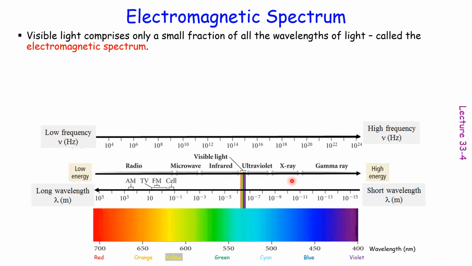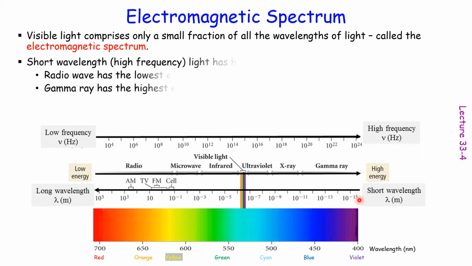Let's take a look at the electromagnetic spectrum. This is the frequency axis, higher frequency on the right-hand side. The second one is the energy axis, and the third one is the wavelength. We already know short wavelength or high frequency has higher energy.